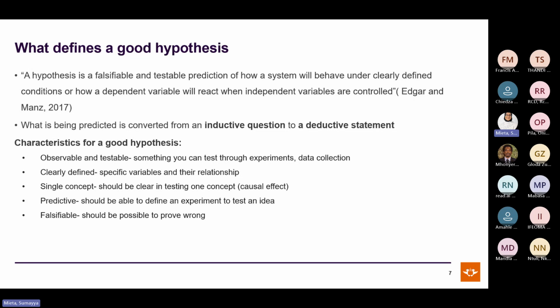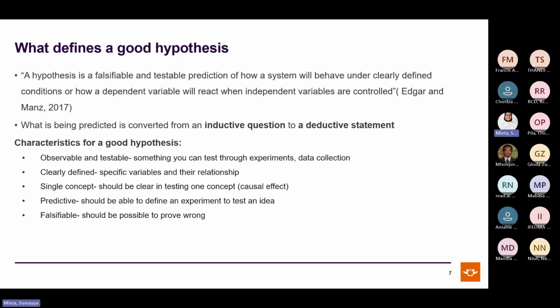So the characteristics of a good hypothesis is that it should be observable and testable. So that is something that you can test through experiments and collect data. It must be clearly defined. So you must be able to see what the variables are and what their relationship would be to each other, okay? It should also test a specific concept.